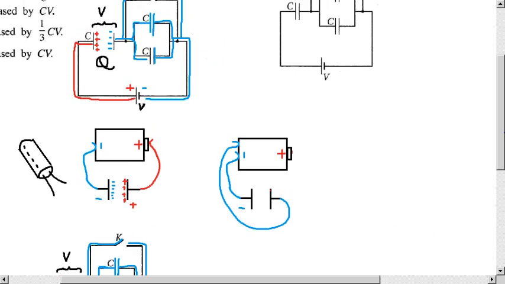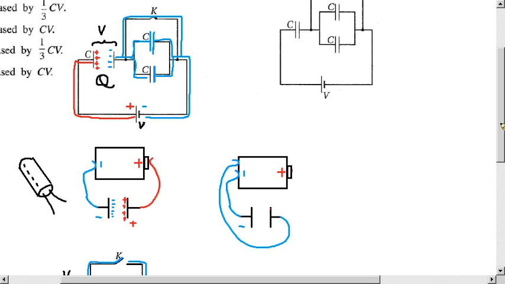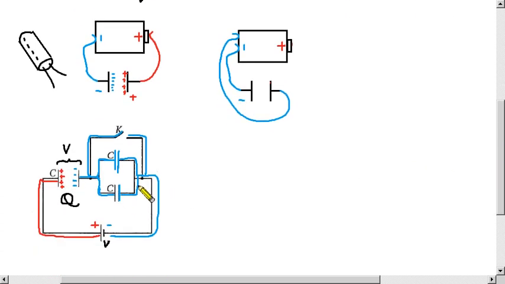You see, this region, everywhere the negative wire is connected, negative voltage is there. And also here the negative voltage is everywhere, because from the battery the negative voltage is here up to this right side plate, and also to this right side plate, and also to the right side terminal of this key.